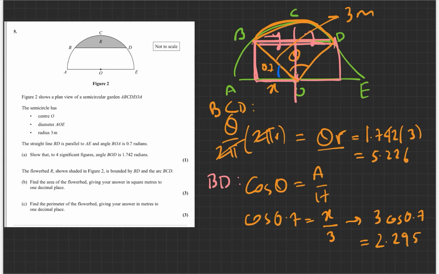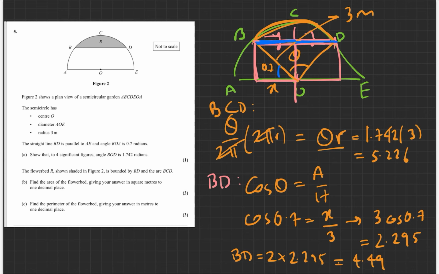2.295, right? And as I mentioned, BD will be equal to 2 multiplied by 2.295 because we got this length, right? We got this length, and now we multiply this length by 2 to get this whole length, right? So this answer will be about 4.49, right? And now what we need to do is add both of these, right?